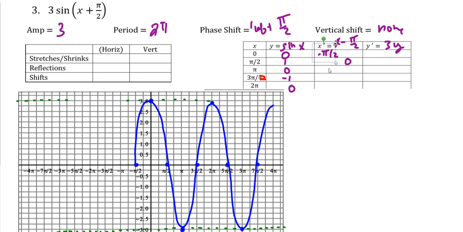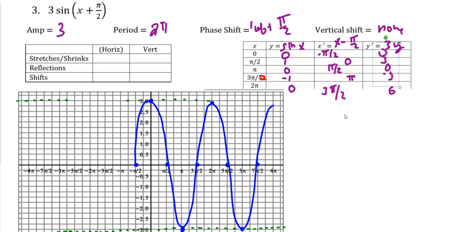Half of pi, I'm going to take pi over 2. So I have that. And then I'm going to subtract another. Think of that, if you want, as 3 pi over 2 minus pi over 2 is going to give you 2 pi over 2, which is just a happy old pi. And then 3 pi over 2 for this one. Multiplying by 3, so I'm going to have 0, 3, 0, negative 3, and 0.